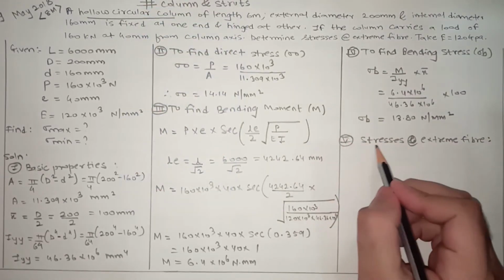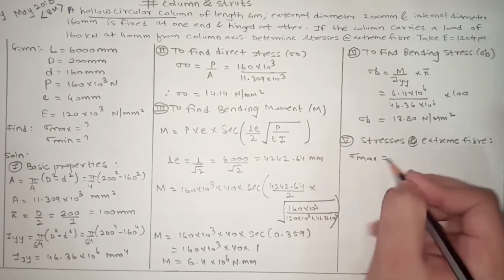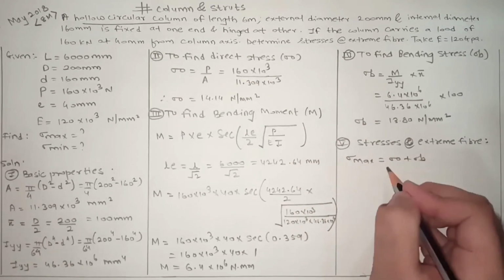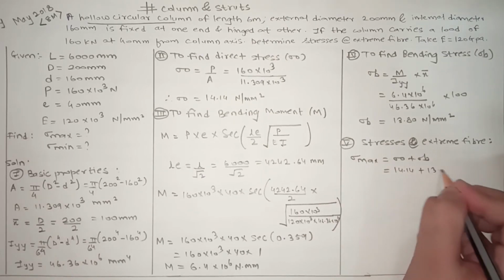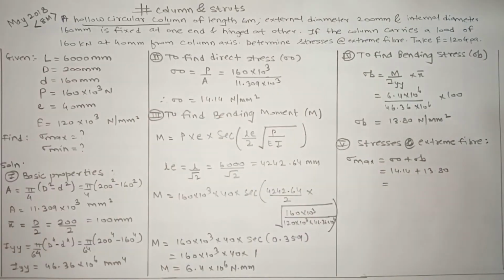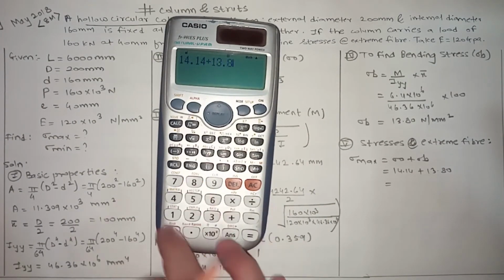Now the final step is to find stresses at extreme fiber. So sigma max is sigma O plus sigma b. So sigma O is 14.14 and sigma b is 13.80. So 14.14 plus 13.80.